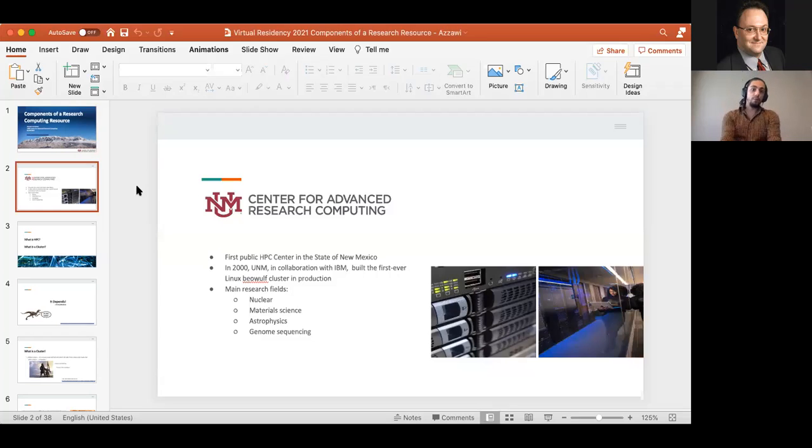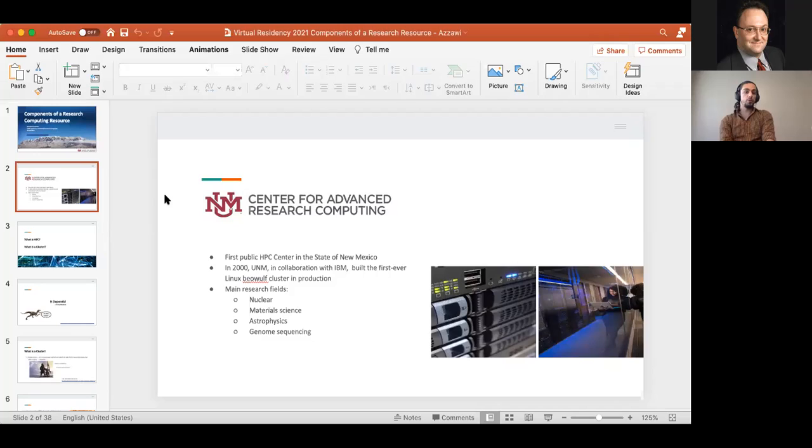So a little about where I work. We are a small HPC center in New Mexico. We are the first public HPC center here, and I believe that we beat Sandia Labs to build the first Beowulf cluster in 2000. So the center has been running for so long, I believe more than 25 years. But we are still a small, medium-sized HPC center with 5 total employees as technical staff, in addition to some admin.